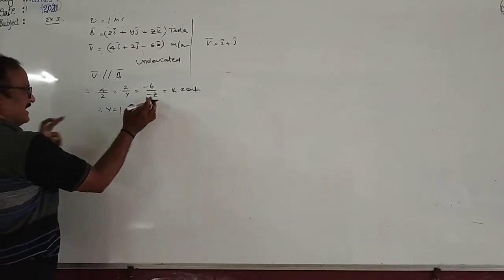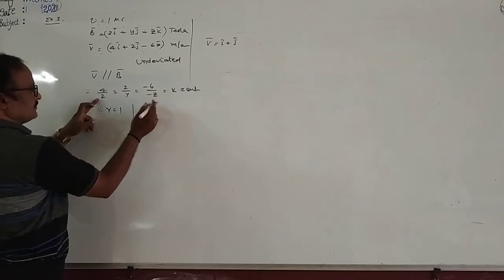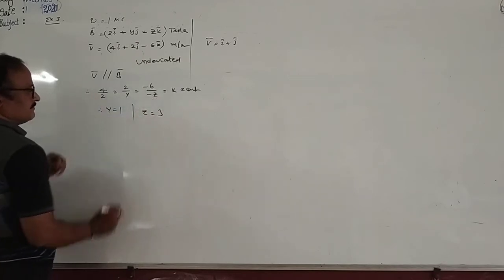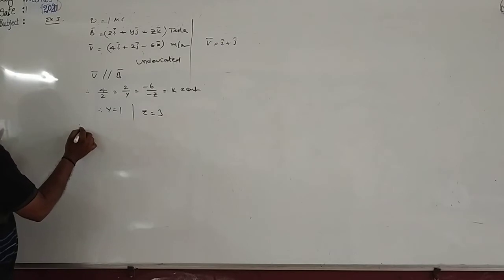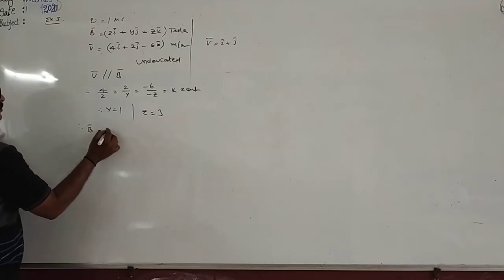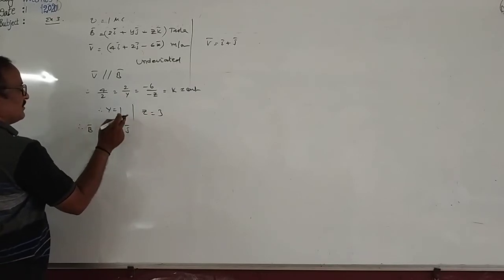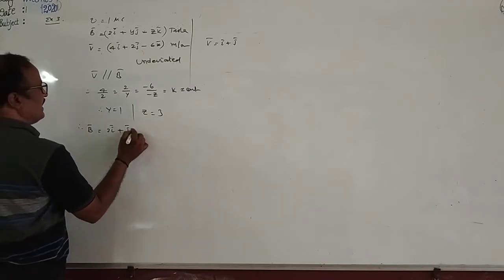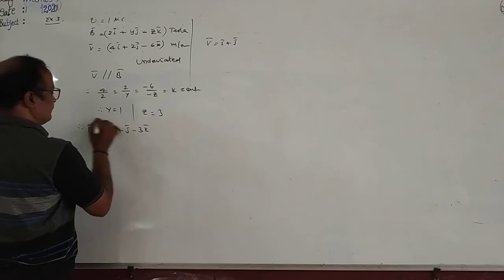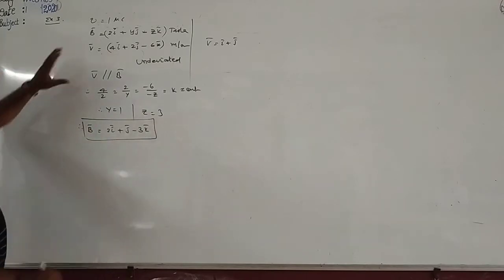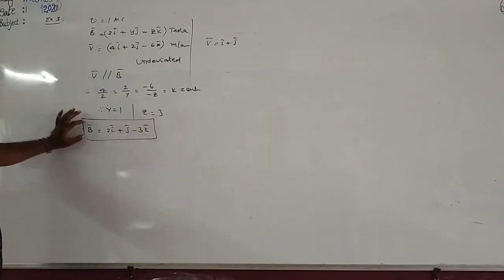Comparing the other two, z is equal to 3. Therefore, B bar is equal to 2i bar plus j bar minus 3k bar. From the first case, we found the value of B bar.